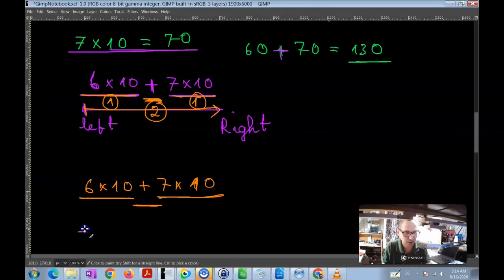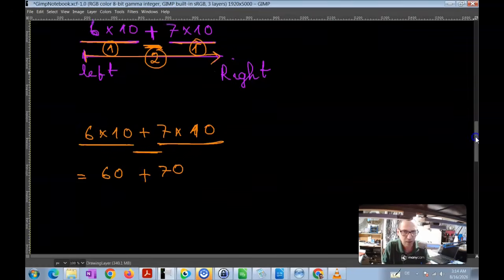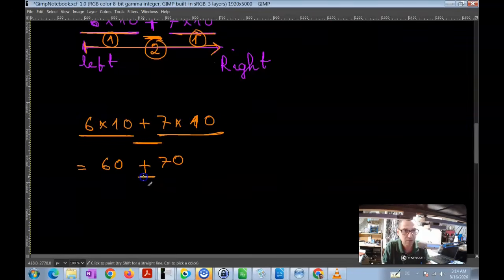So in evaluation, I will write 6 times 10 is equal to 60 plus 7 times 10 is 70. And then the next thing that you will do would be 130, and that's how you evaluate the expression.